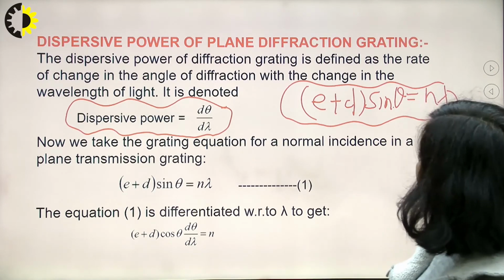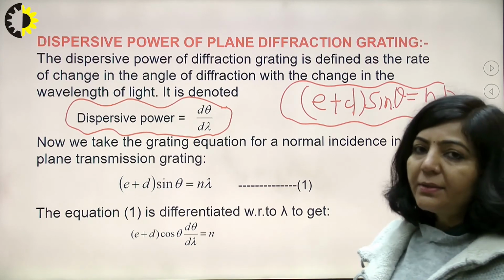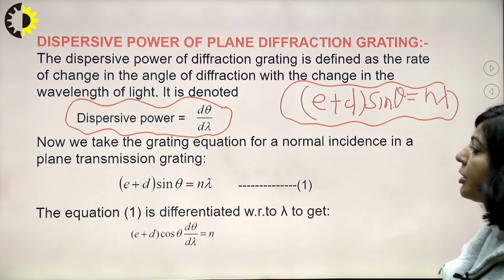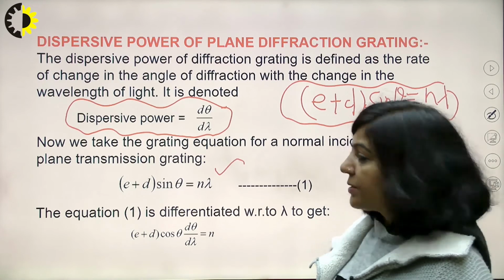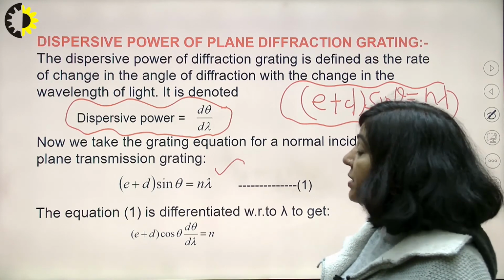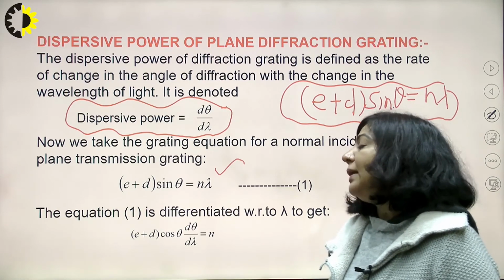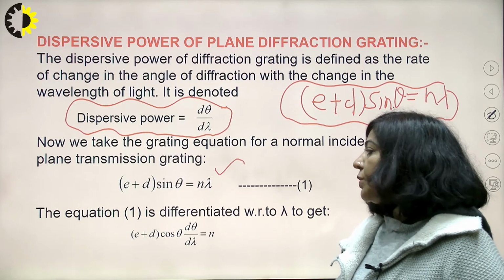Now using this grating equation you can simply find the dispersive power. You have to differentiate the grating equation with respect to wavelength. So (e plus d) sin theta is equal to n lambda is your grating equation. Differentiating it with respect to wavelength, you will get (e plus d) cos theta into d theta by d lambda is equal to n.